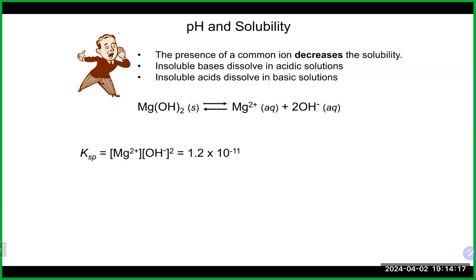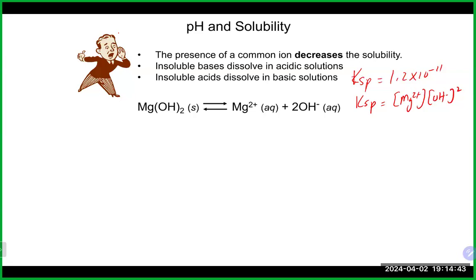So, for example, if we look at a base example with magnesium hydroxide, the Ksp value there is 1.2 times 10 to the minus 11. If we write our Ksp expression, it would be magnesium times hydroxide squared. Going through our ICE table, we have 0 and 0, then plus S, and plus 2S because of the coefficient.